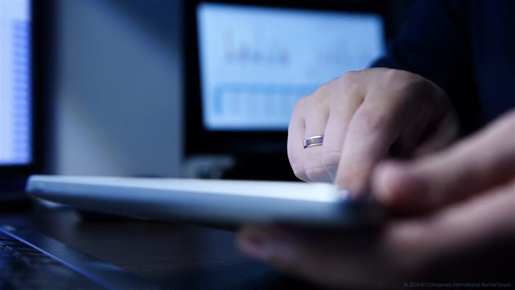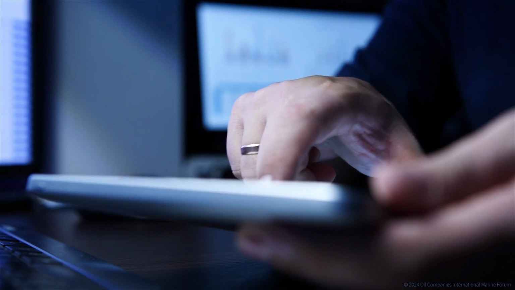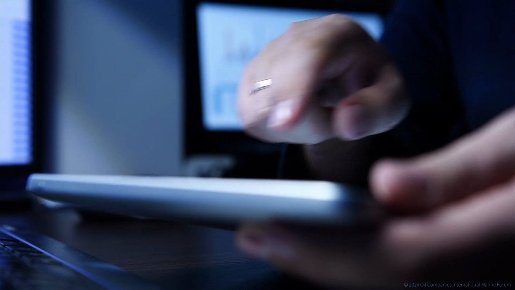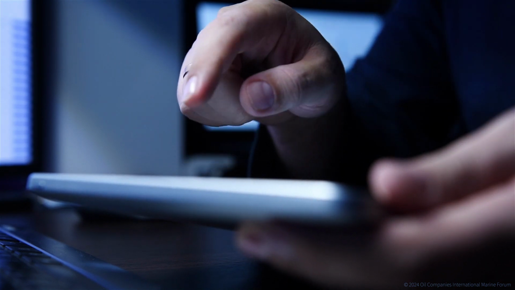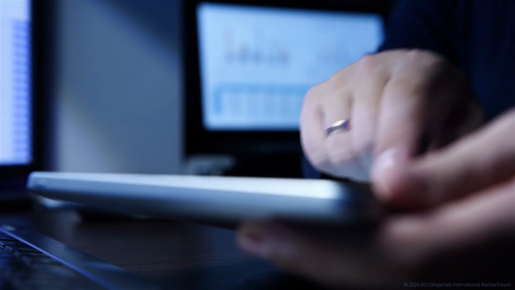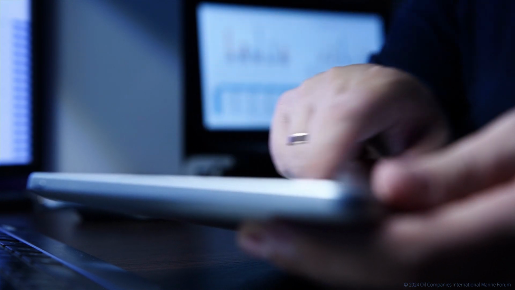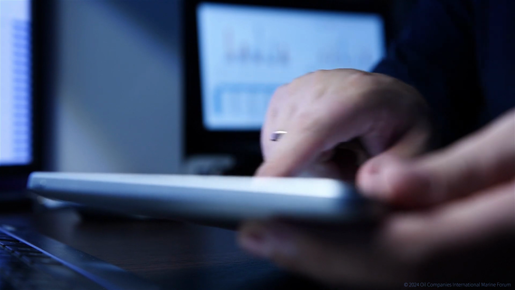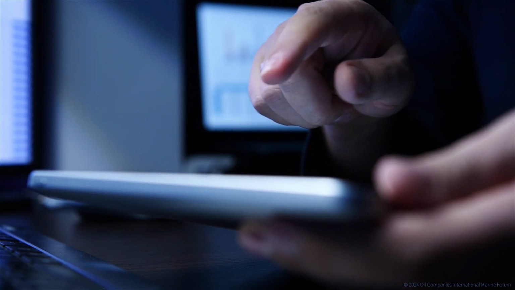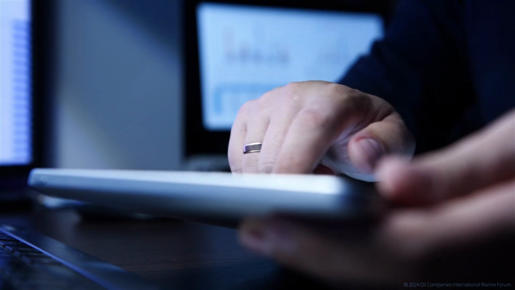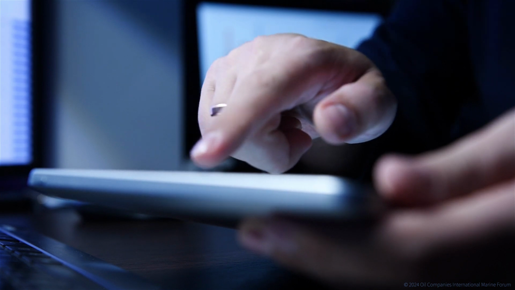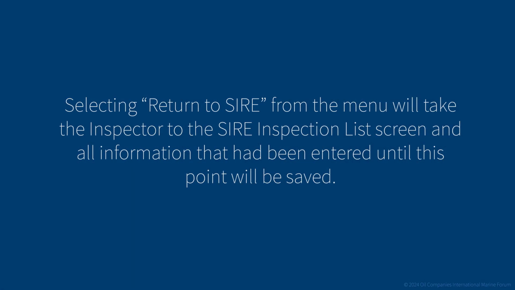Where a partial paper-based contingency inspection reason has been selected, the online editor icon will not be displayed against the inspection until the inspection has been partially submitted from the tablet editor. Selecting the online editor icon will display the partially submitted inspection with the completed answers uploaded from the tablet editor. Selecting Return to SIRE from the menu will take the inspector to the SIRE inspection list screen, and all information that had been entered until this point will be saved.